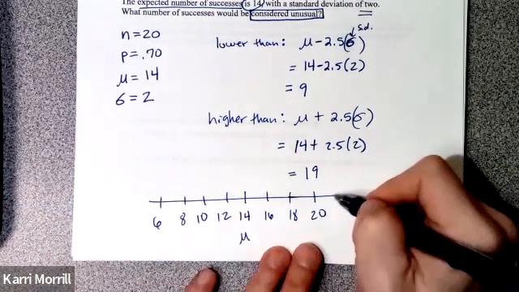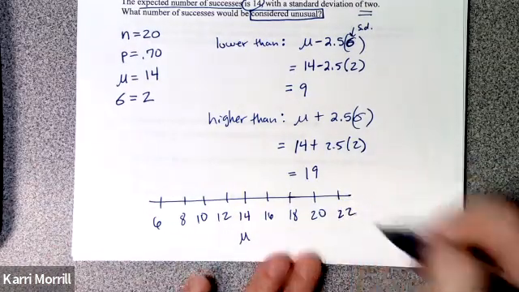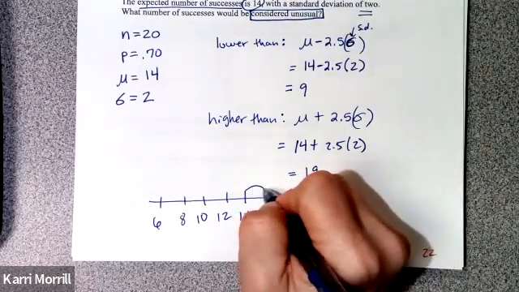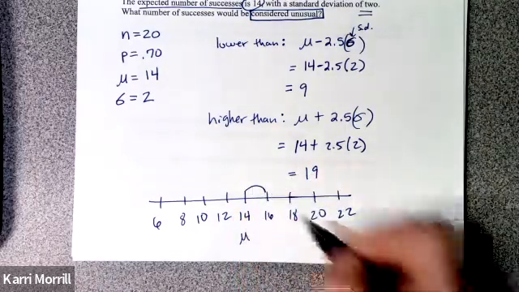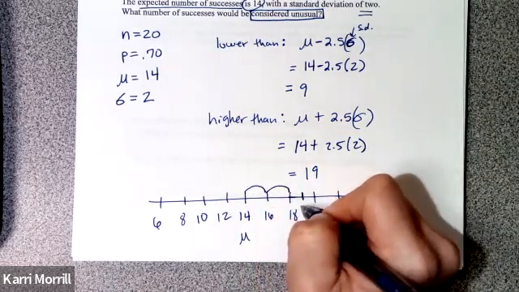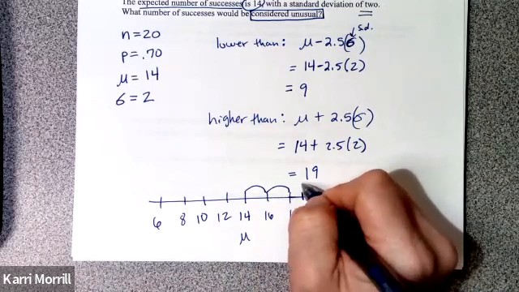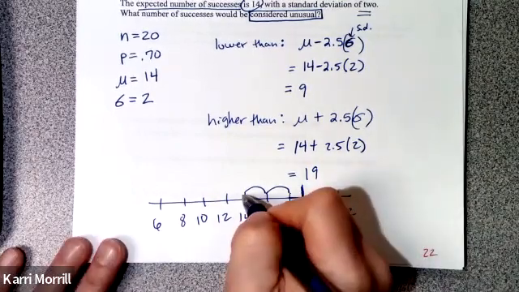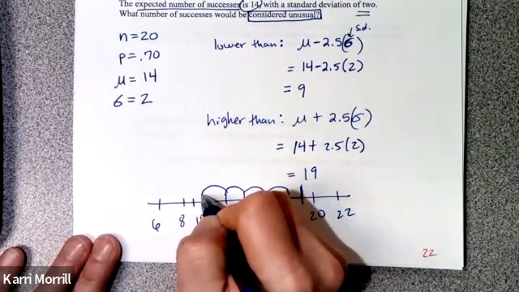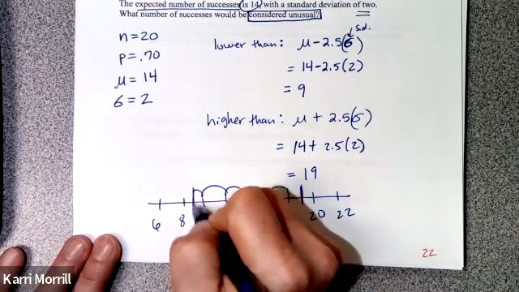So I'm going to take it to between 6 and 22. So if this is my mean, this would be 1 standard deviation. This would be 2. And right here is our half. So that would be where 19 falls. This would be 1 standard deviation. This would be 2. And then right there in the middle would be our half, which would be 9.